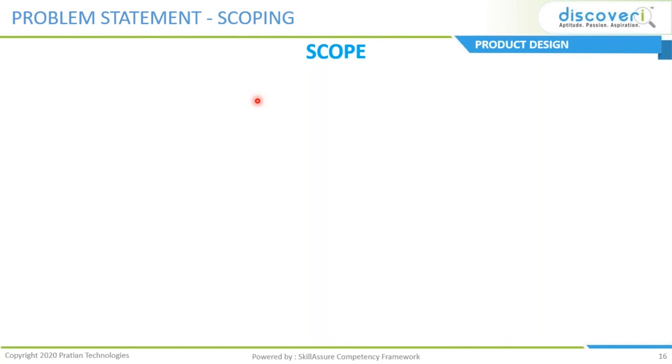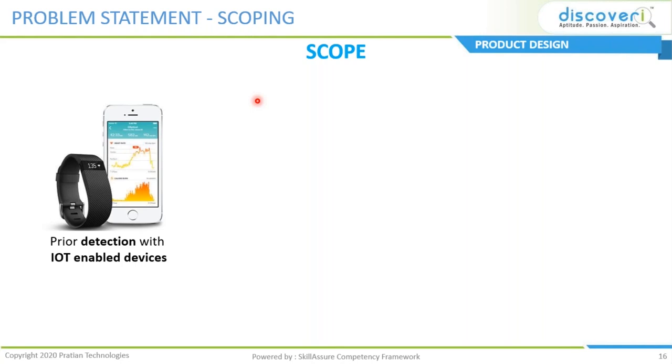The first critical feature which needs to be there is early detection with IoT enabled devices. We need this feature because it will provide us the data. All these IoT devices are going to give us the data. That is why this feature is very important.